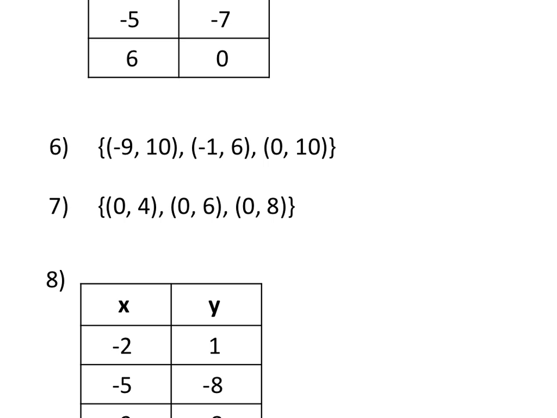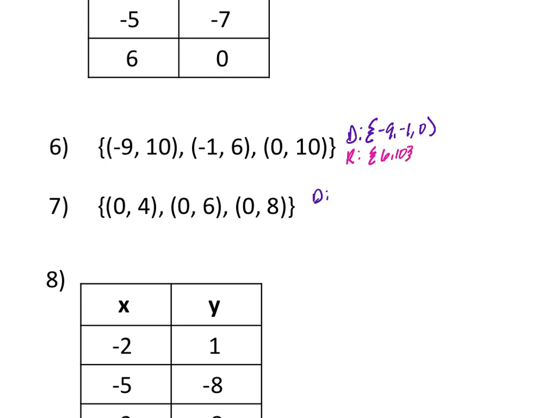So my domain is going to be -9, -1, and 0. And my range is going to be 6 and 10. Remember, it's always in order from least to greatest.